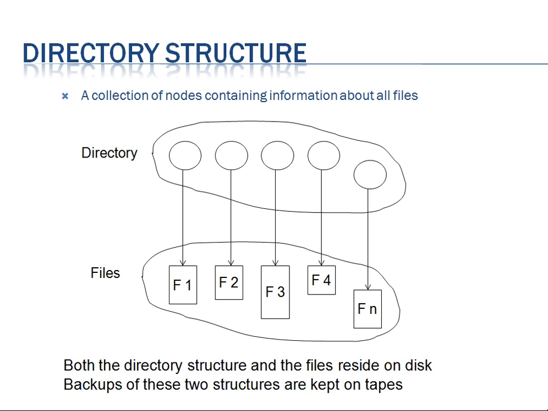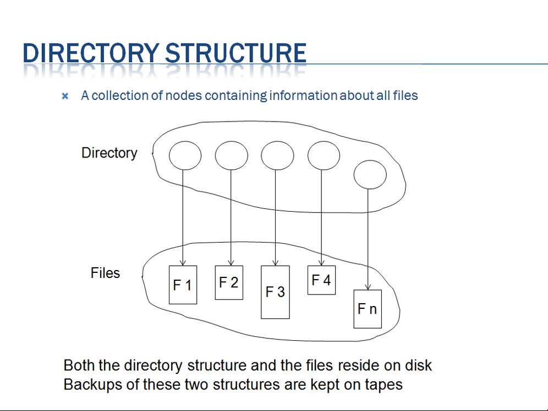Now here is the directory structure. A directory is a collection of nodes containing information about all files. The directory includes information about all of the files. You can see these are the directories here, and here are the files F1, F2, F3, F4 till Fn. Both the directory structure and files reside on the disk.